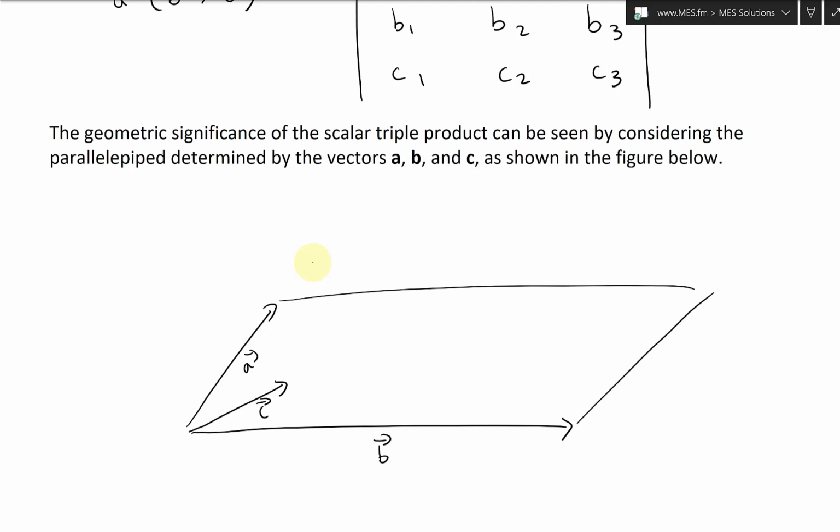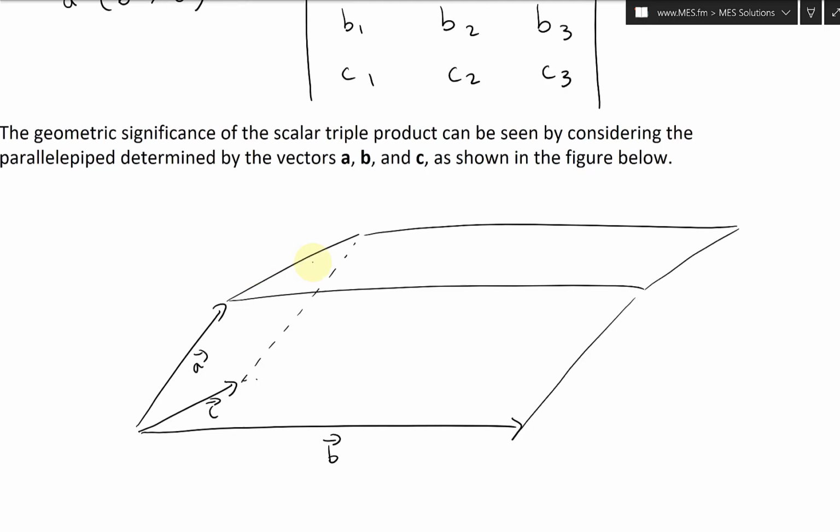But now it's in 3D. We have a 3D parallelogram like this. It matches up with this, and then it goes all the way across, like this. And then this goes across like that, and then goes like that.